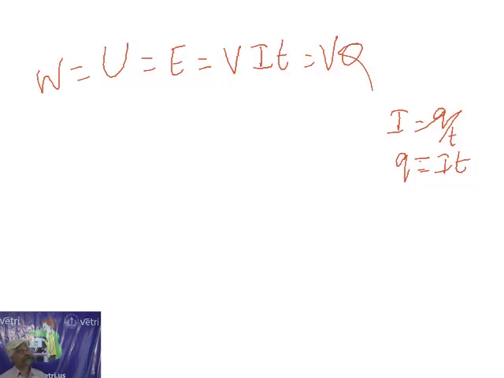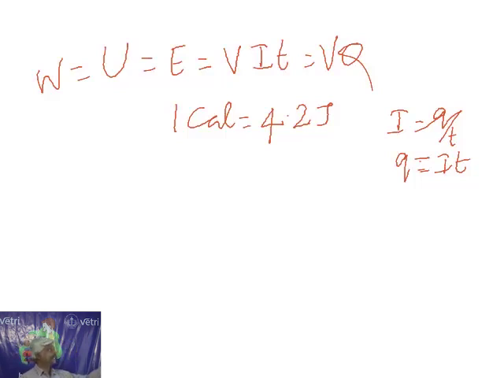Usually 1 calorie of heat is produced by an energy of 4.2 joule. Generally we know the formula: 1 calorie of heat is equivalent to 4.2 joule, or more correctly 4.18. We can round it to 4.2 joule.